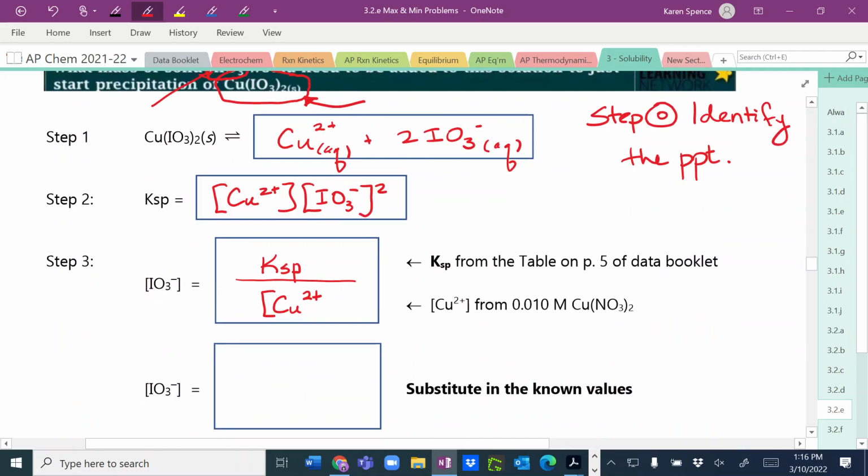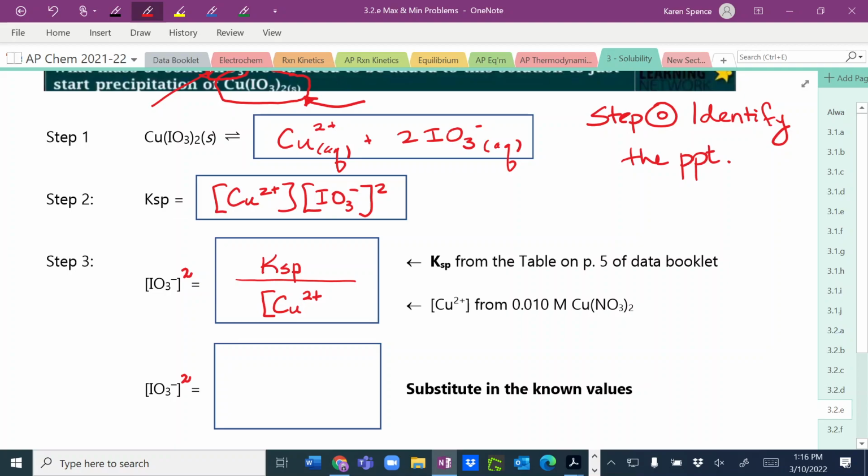Actually, this should say IO3 squared, shouldn't it? And this should say IO3 squared. You could just take the square root of the entire thing. I kind of like doing the math and then taking the square root, but you can put the square root over ahead of time. That's totally fine too.